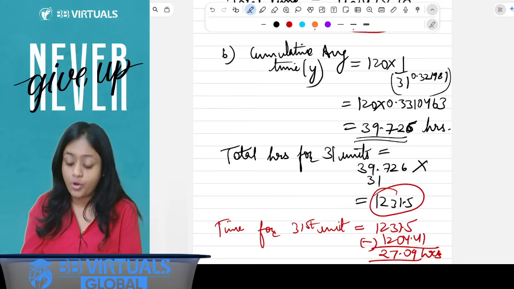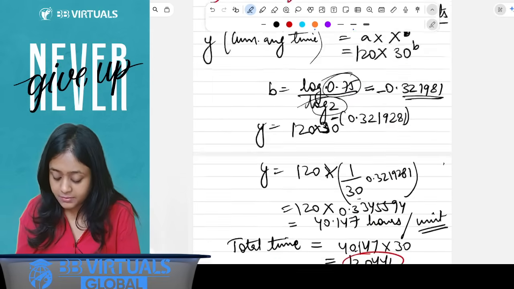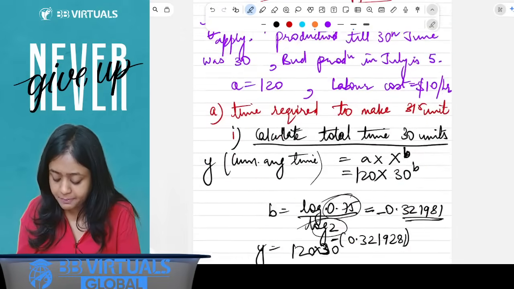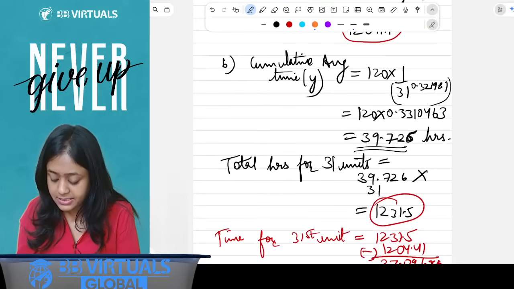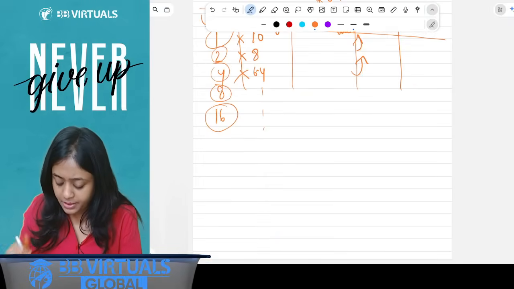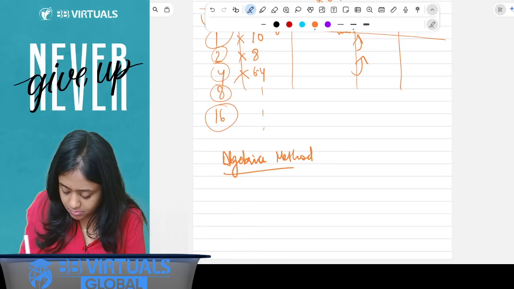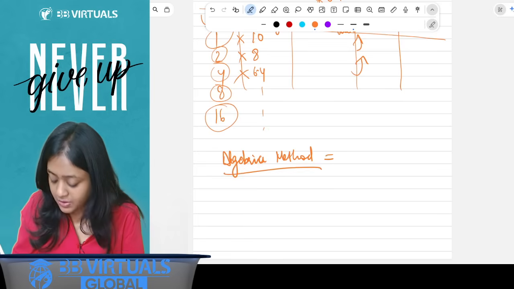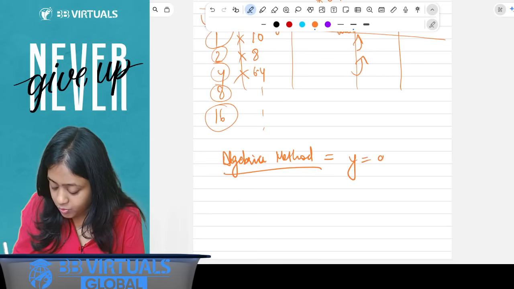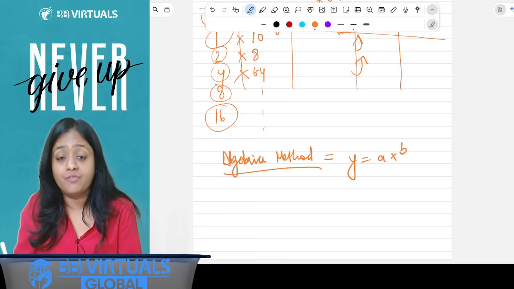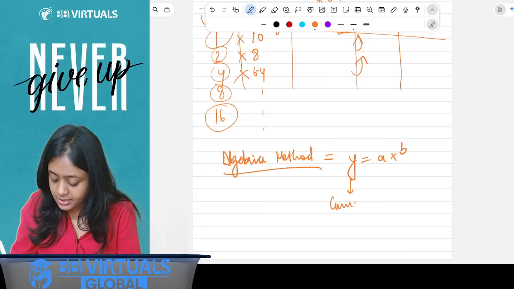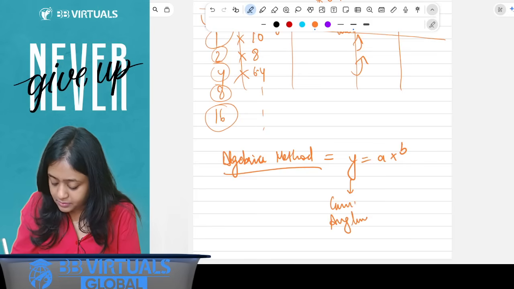Now I need to follow the algebraic method. Algebraic method simply says that you will use the formula y is equal to ax to the power b. Y is the cumulative average time.